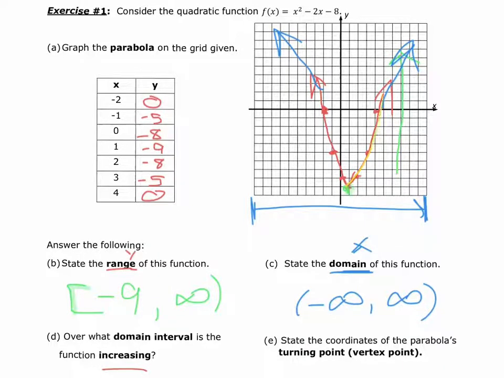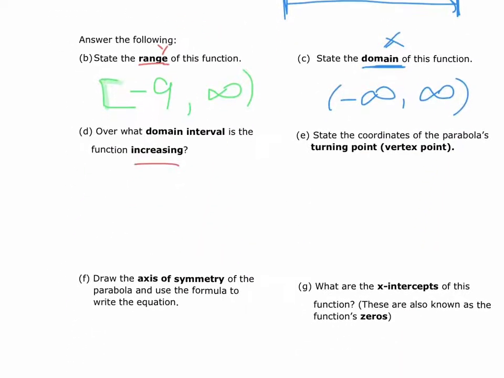The only place it's increasing, because remember we read a graph left to right, is from positive 1, and we look at the x because they're talking about domain, so positive 1, because that's where this is at, and to the right, and it keeps going because it keeps increasing because there's an arrow. So for here, it would be from positive 1 to infinity.